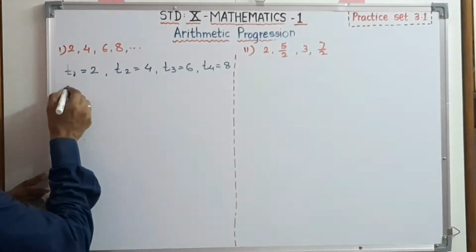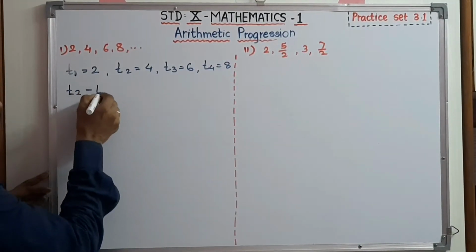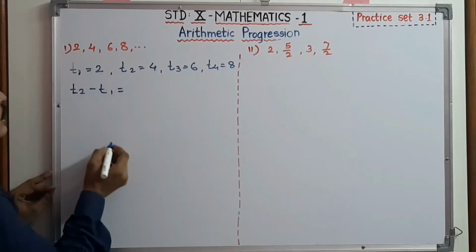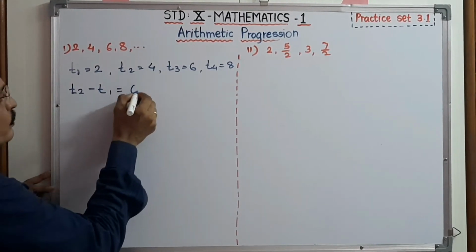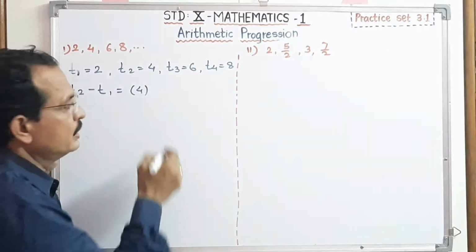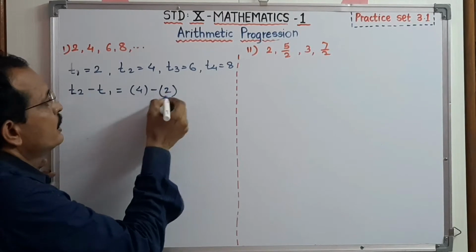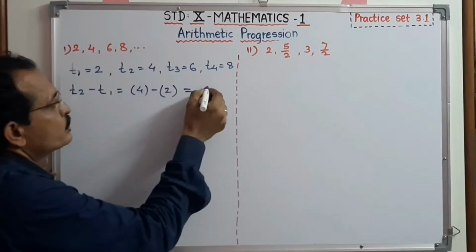To find out the common difference, we have to subtract T2 minus T1. Now T2 is 4. Always remember, use the brackets. 4 minus T1, it is 2, and 4 minus 2, it is 2.